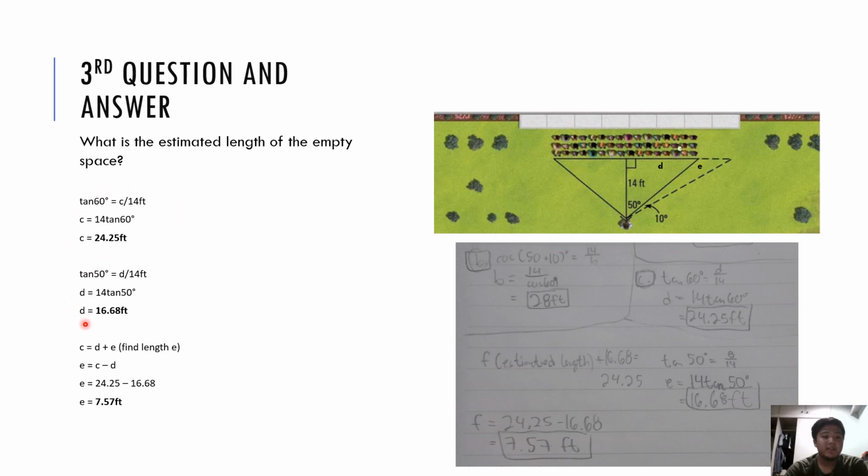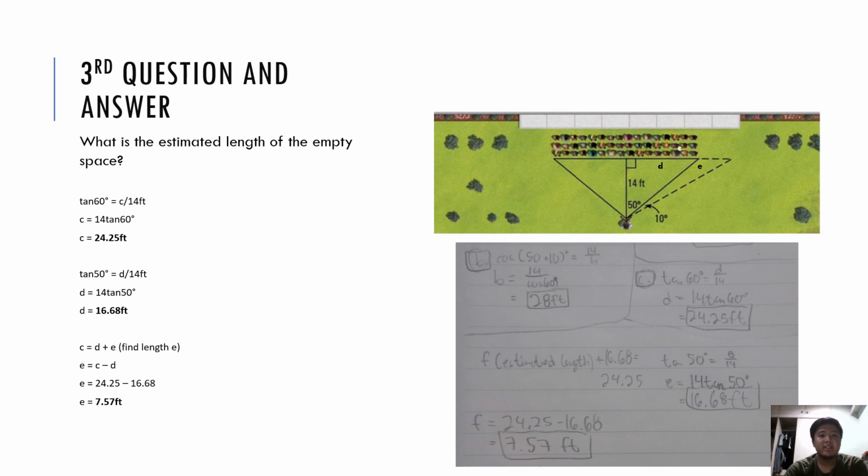The same applies with tangent of 50 degrees. You're left with 16.68 feet for length D. Length C is a total of lengths D and E. So we're going to find length E. Length E is the difference of C and D. 24.25 minus 16.68, so you're left with 7.57 feet.